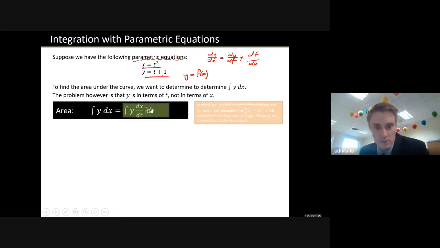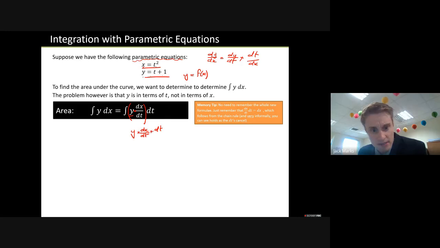So what's the secret? Well, the secret is that we're going to talk about integrating y, and then we're going to multiply it by dx/dt. You can find this by differentiation. And then we're going to integrate the whole thing with respect to t. Now, I'll draw it again underneath.